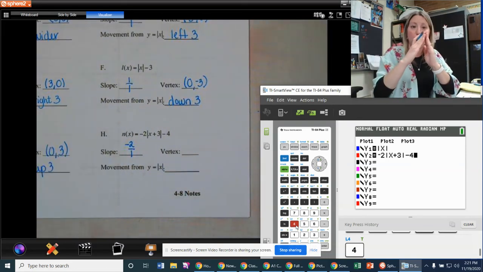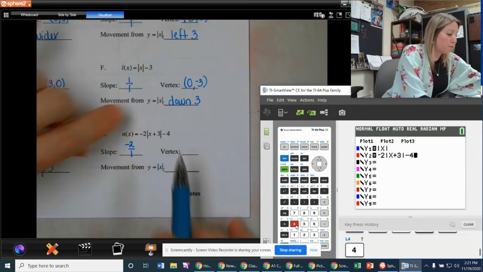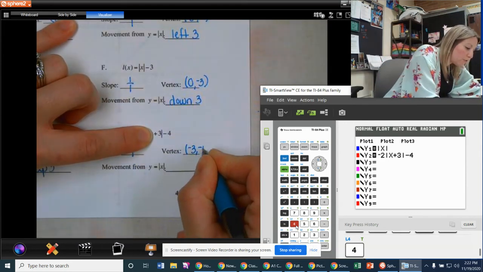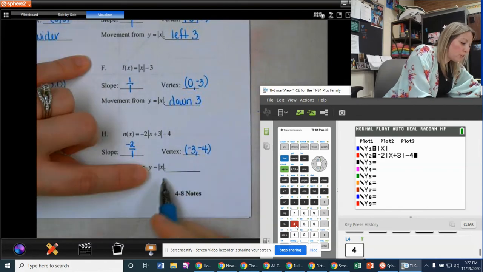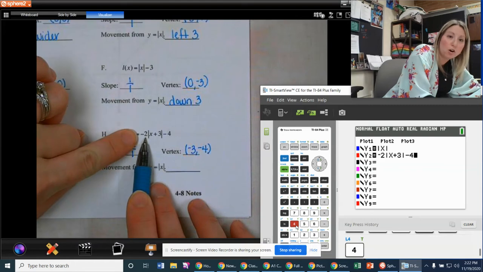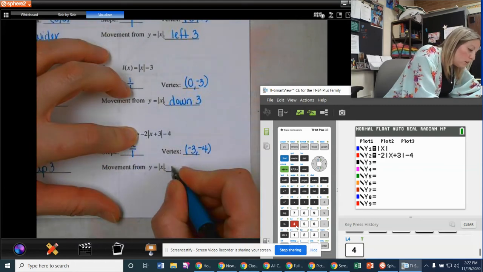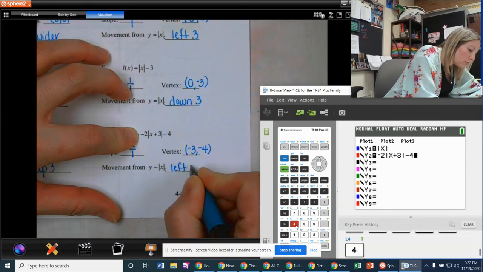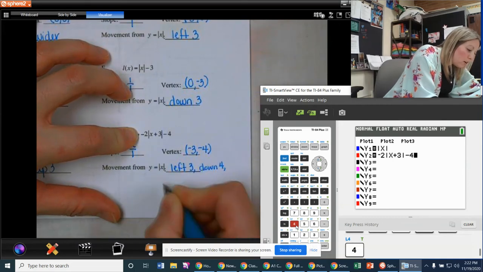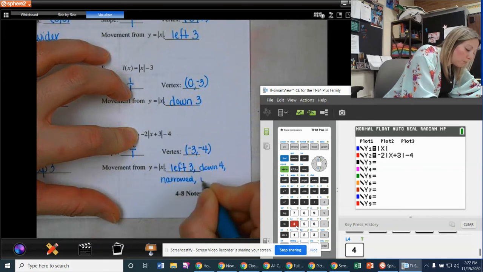The vertex is -3, -4. So what's the movement? Left 3, down 4, narrowed, and upside down.